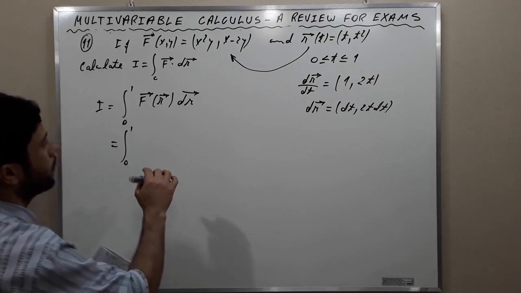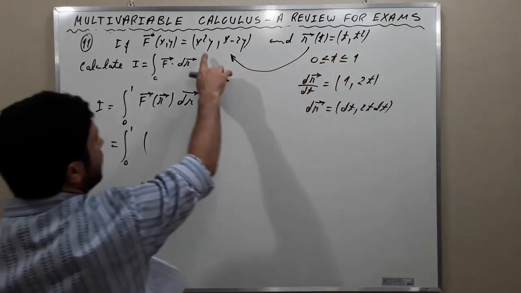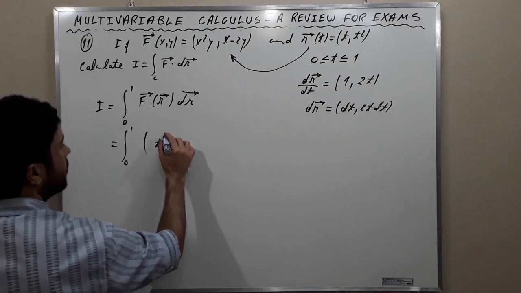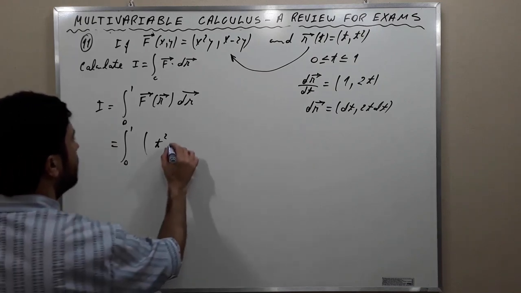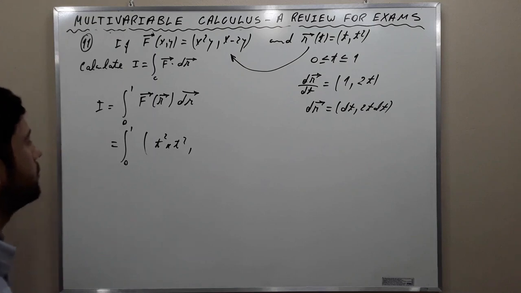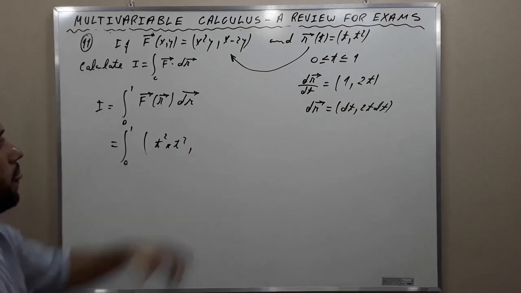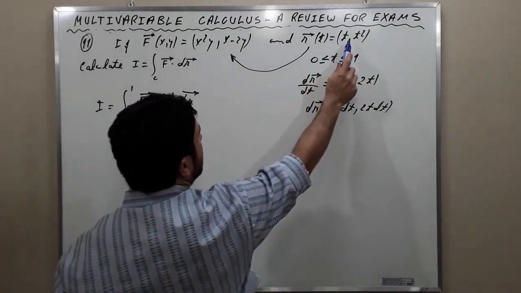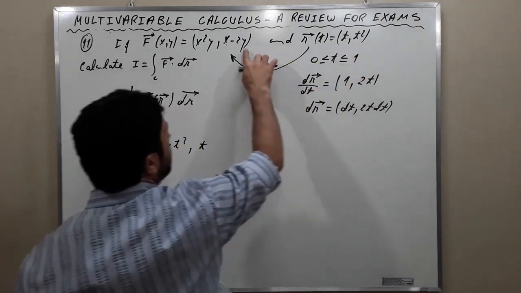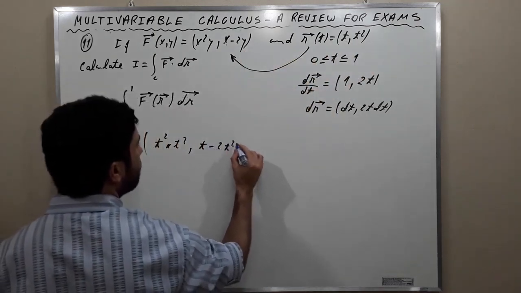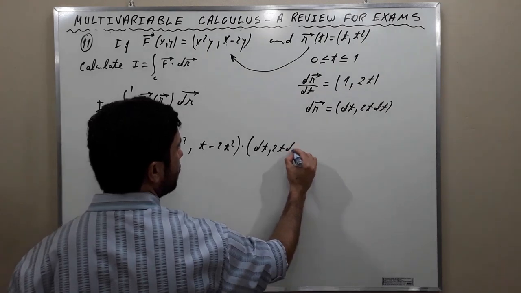of: I put t in the place of x, it becomes t, and I put t squared in the place of y, and it is times t squared. And in the y region, I put again t in the place of x, and I put t squared in the place of y, and I multiply this by dt, 2t dt.